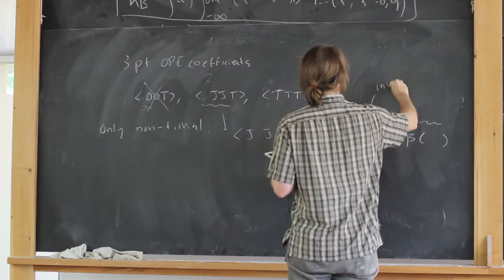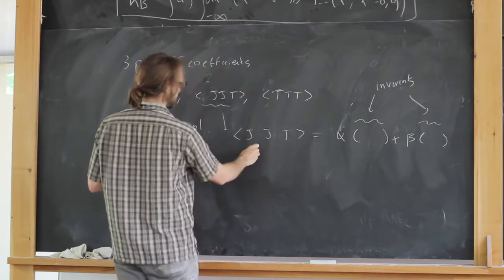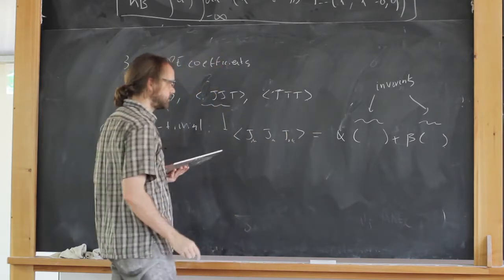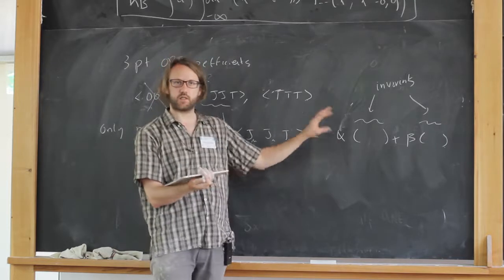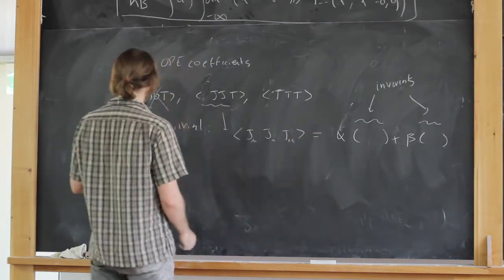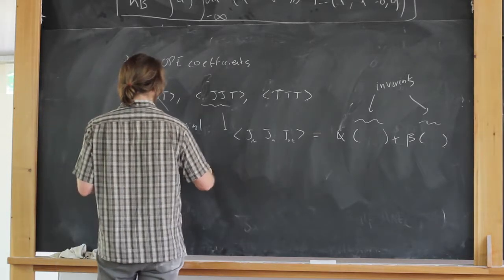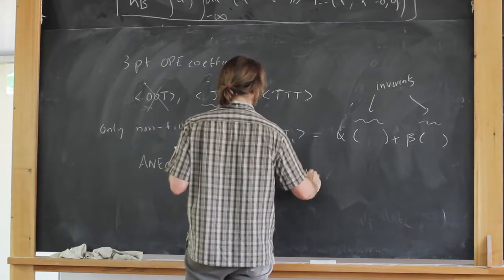The reason you can do this is because there are indices on these objects, so there are multiple ways to make conformally invariant structures out of those indices. The ANEC gives bounds between the various alphas and betas.